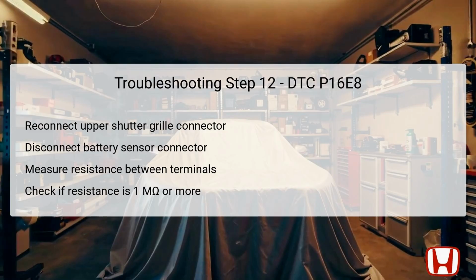Following this, it is necessary to disconnect the 12-volt battery sensor's 2P connector to facilitate a resistance measurement. Just as previous tests, the measurement should be taken between terminal number 2 of the battery sensor and body ground.